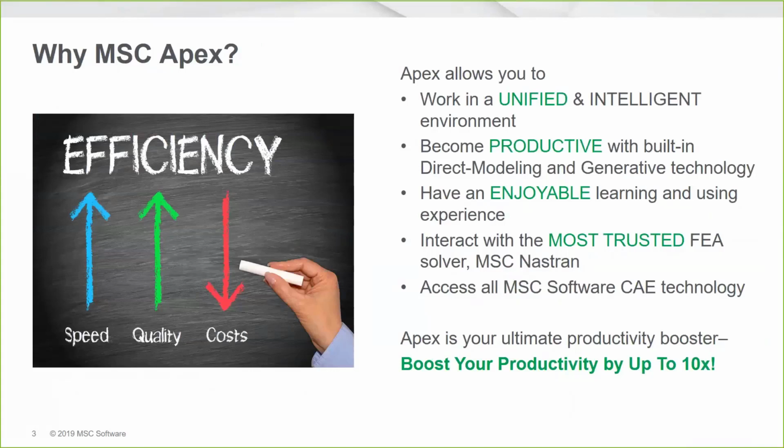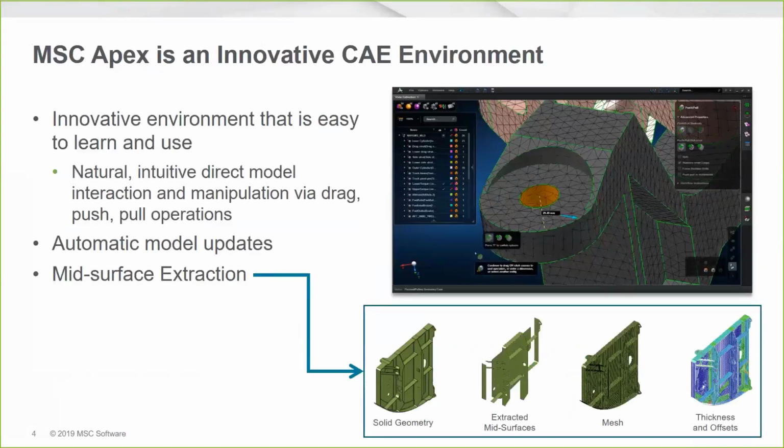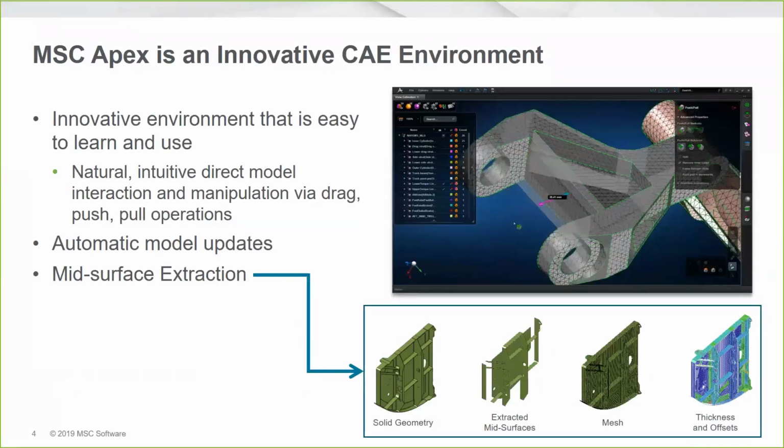And with the Iberian Links release of Apex recently, Apex is much more tightly coupled with the most trusted finite element software, which is, of course, MSC Nastran. So, as I have said, MSC Apex has always been a tool that offered you the ability to go from the CAD to the mesh and the CAD to results faster.